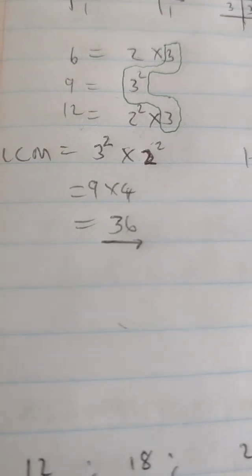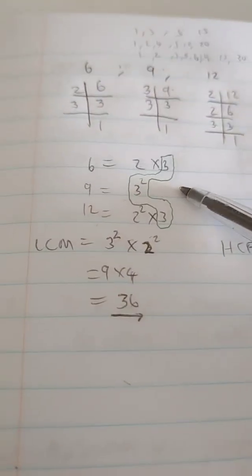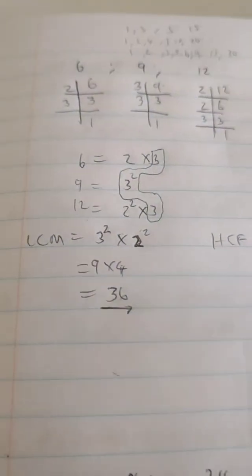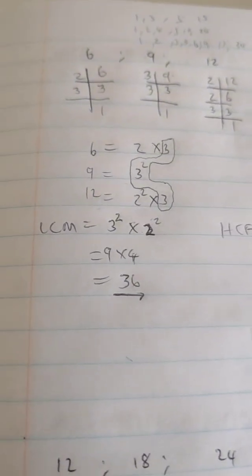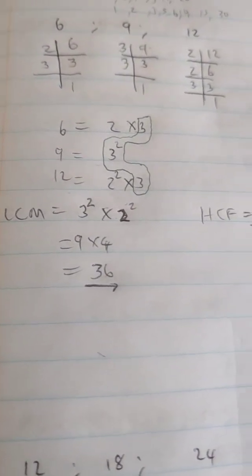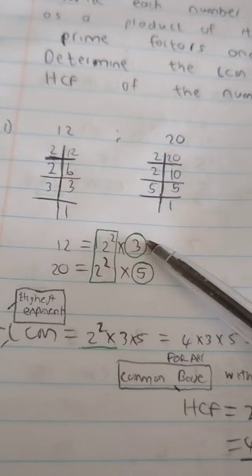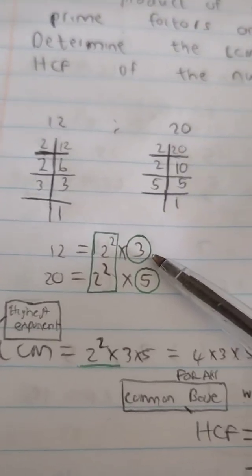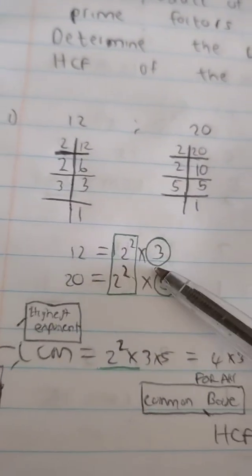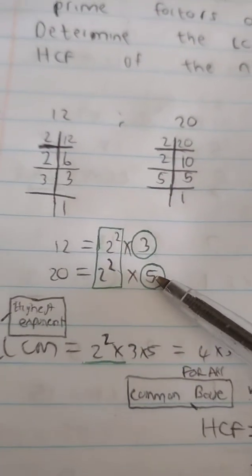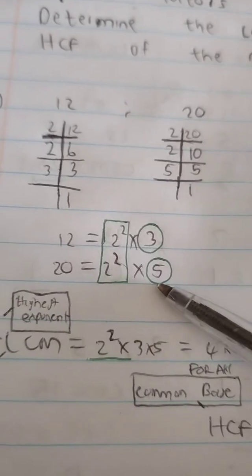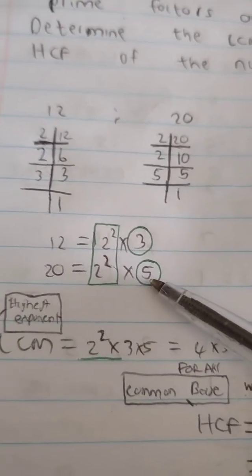Yes, for LCM, if there are other uncommon factors to the ones that we have there, those numbers are there, we include them because they alone are actually the bases that have the highest exponent. So guys, for instance here, 3 is uncommon, but it is alone as the base with the highest exponent as base 3. 5 is alone, but it is the only base with the highest exponent.